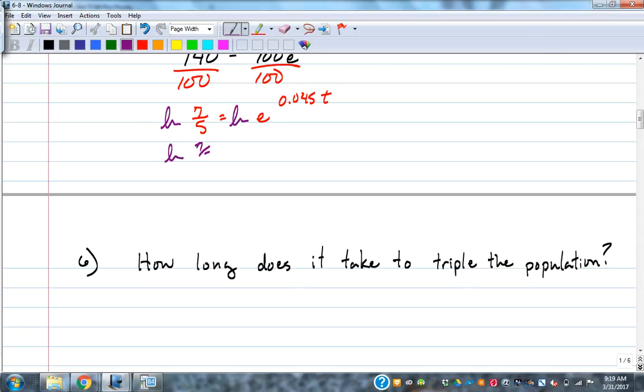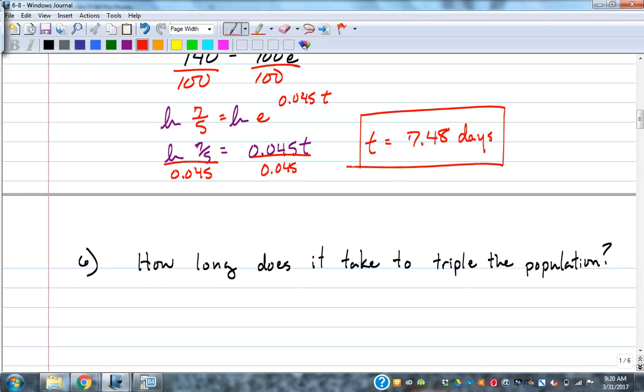Natural log of 7/5 equals 0.045 T. Divide by that, and get that decimal out of that. 7.48, almost 7.5 days to increase from an initial amount of 100 grams to 140 grams of whatever we grow in there.